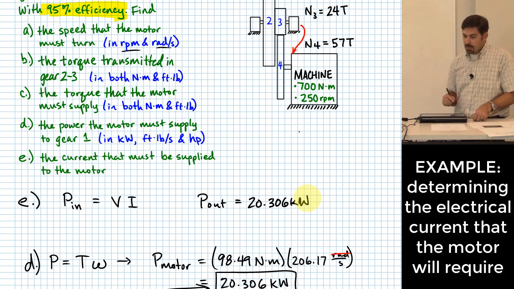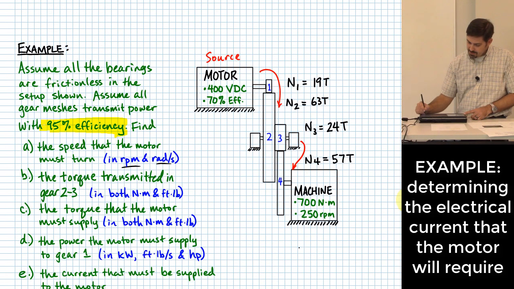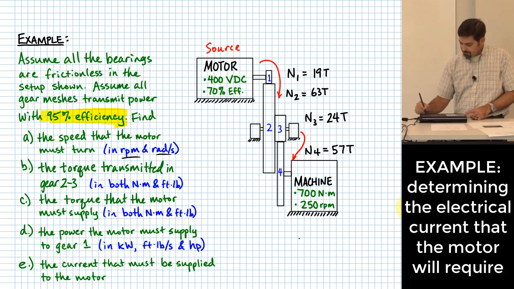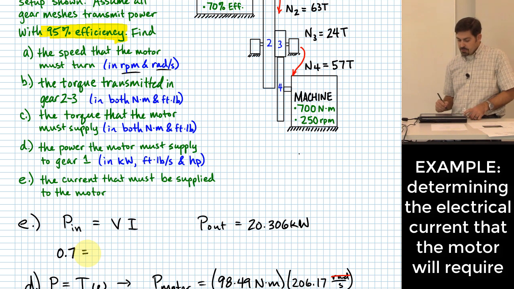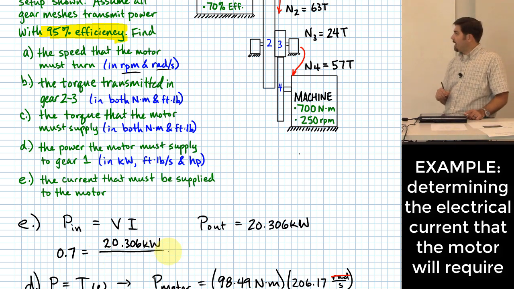Now, how do I apply efficiency? First of all, what was the efficiency? It says 70% efficient for this motor up here. So let's say 70% is going to be equal to the useful power out, kilowatts, not kilonewtons, divided by the required power in.